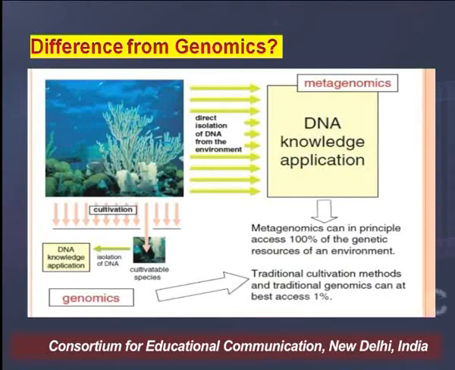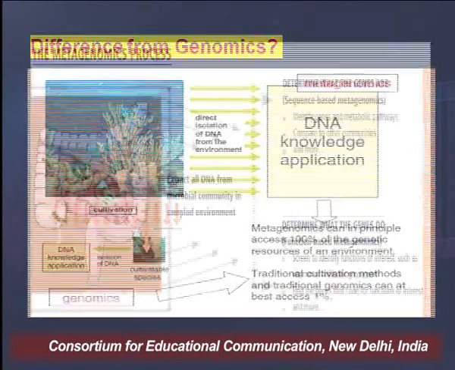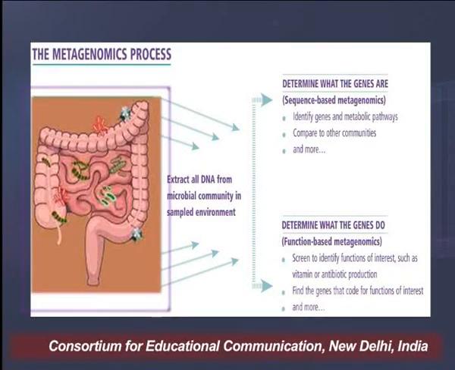So it's a shorter method and can be very accurate, but in the present scenario it has its own limitations. But it is a quicker method that tells us about many more sequences, many more microorganisms which cannot be cultured, and they can still be detected in metagenomics because we can isolate their sequences. So they are obviously different from genomic methods, but they are a part of genomics.